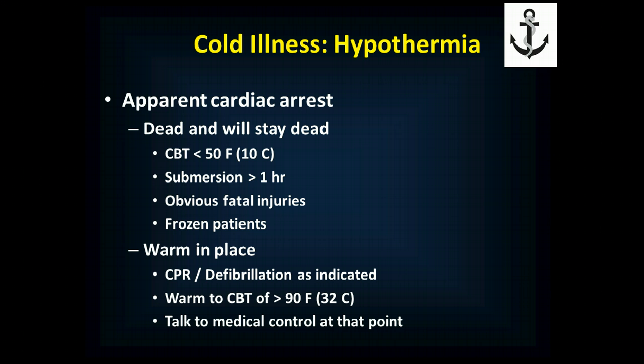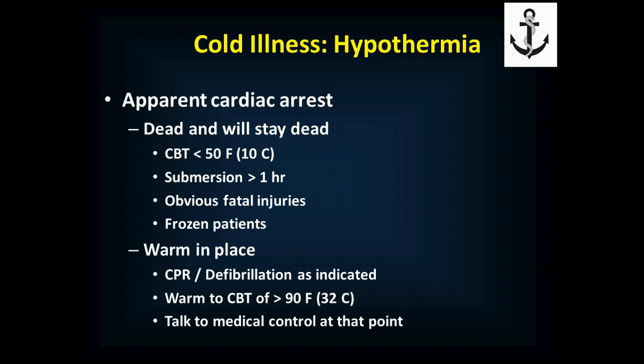And this is because the recommendations about CPR and resuscitation in hypothermic patients aren't based on phenomenal evidence. It's mostly based on experience and case series, but not good studies.